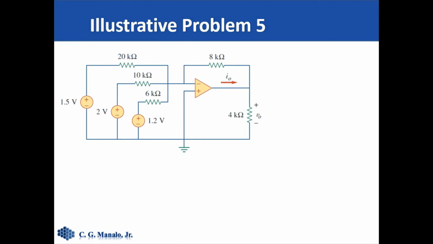So V naught is equal to the negative. So RF is 8 divided by 20 times 1.5, plus 8 over 10 times 2 volts, plus 8 over 6 times 1.2 volts.